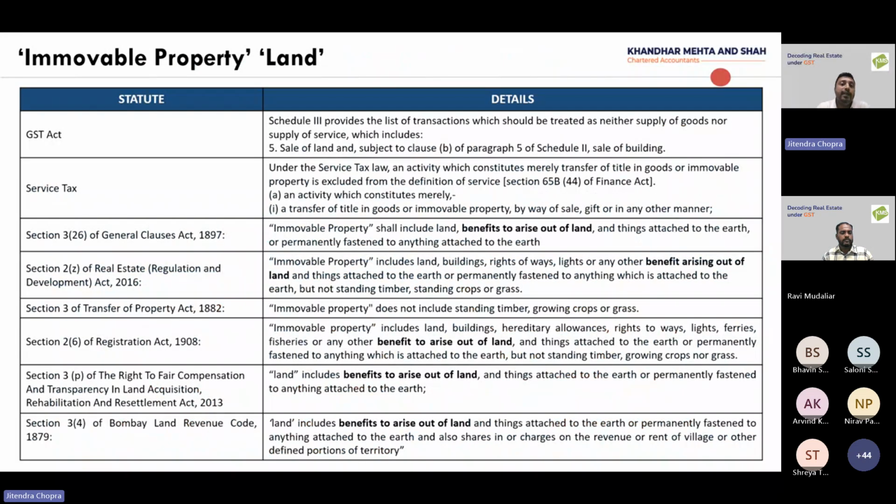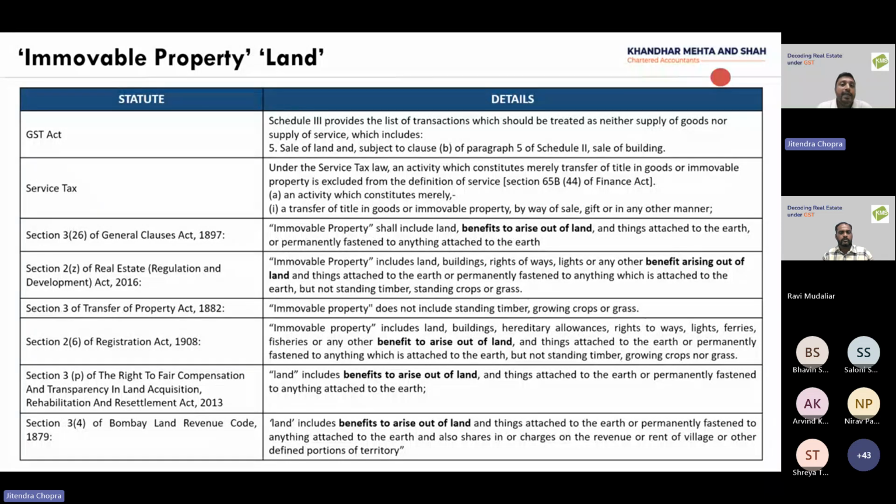Now, this becomes a very important concept, because the entire litigation related to TDR and development rights actually starts from the concept of land and immovable property. If you see various laws like RERA, the Transfer of Property Act, and the Registration Act, almost all laws recognize benefits arising from land as immovable property.